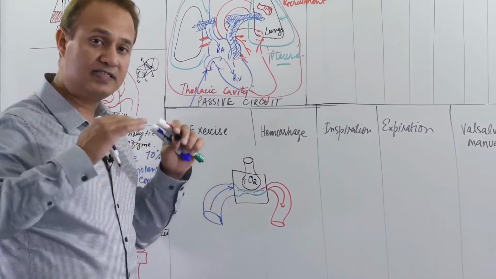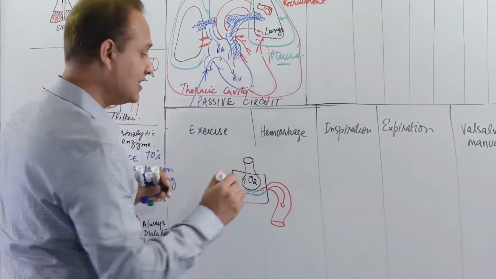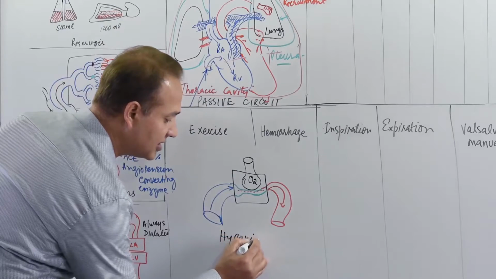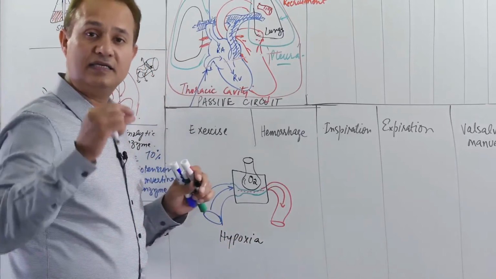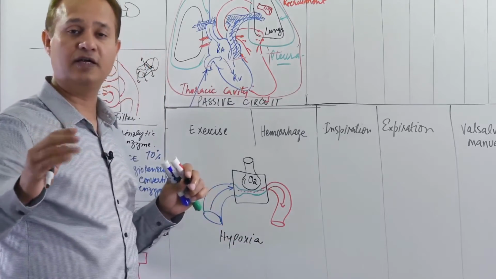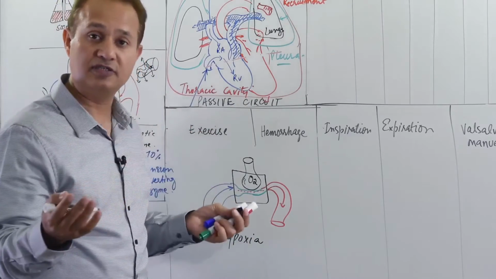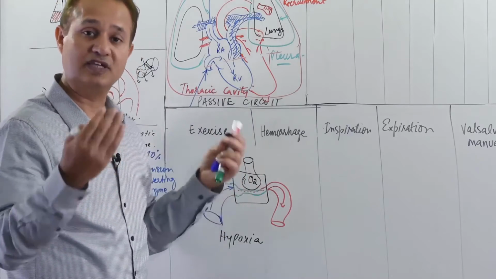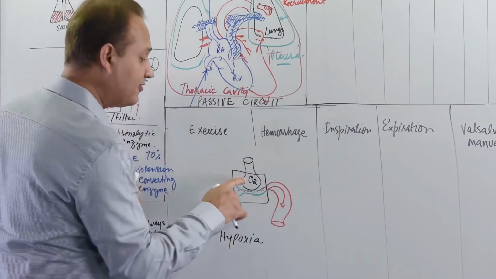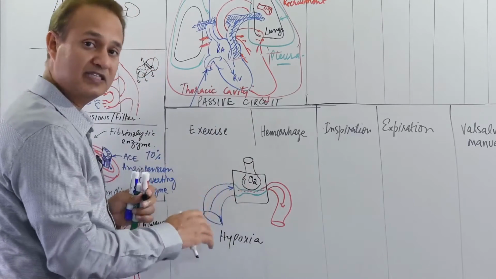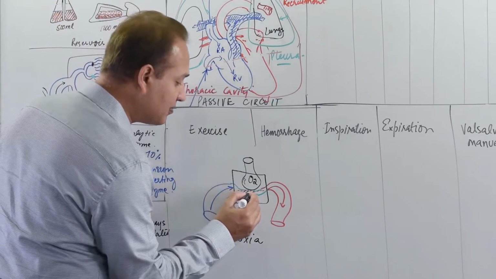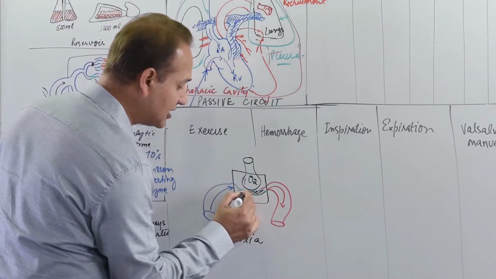So normal systemic behavior is that hypoxia will dilate the blood vessels to increase the flow of blood to a particular area which is experiencing less oxygen. In the lungs it is the reverse. If the oxygen level is low in some part of the lung, then the capillary in that area becomes constricted and shuts down.